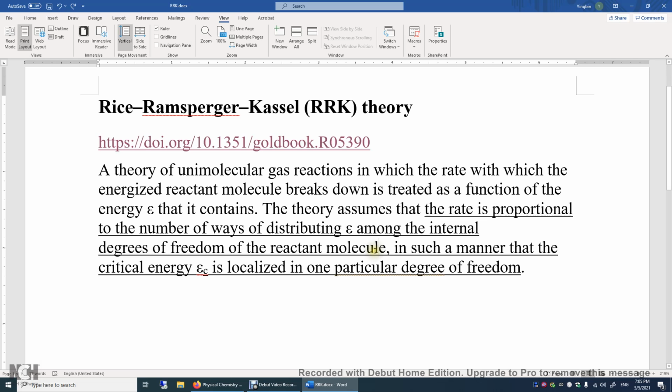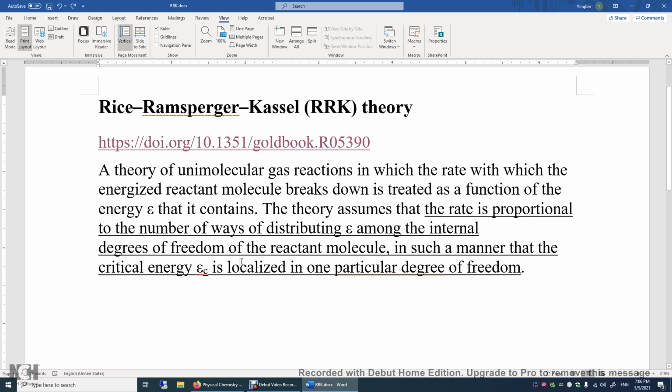And then one of the vibrational modes corresponds to the reaction. If that particular vibrational mode gets enough energy, epsilon C or more, then the reaction may occur. If that particular vibrational mode does not have enough energy, that means lower than epsilon C, then there's no reaction.